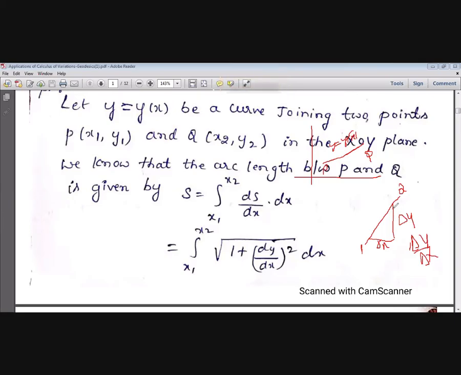But what happens if you take these points very close, then you will get a more accurate answer. So take this length very short, dx tends to 0. Then ds by dx is root of 1 plus dy by dx whole square.